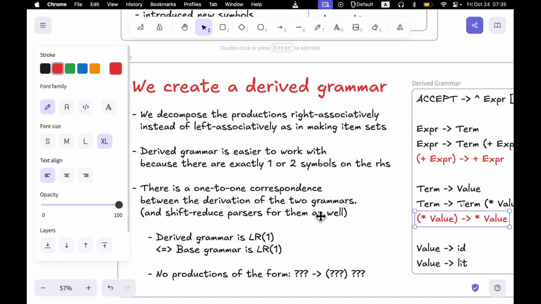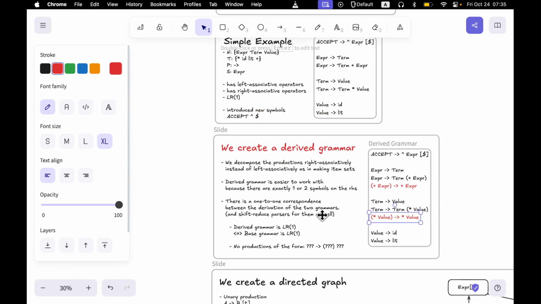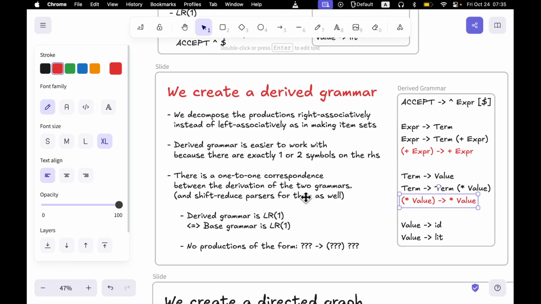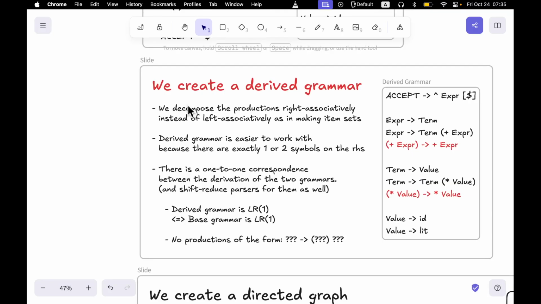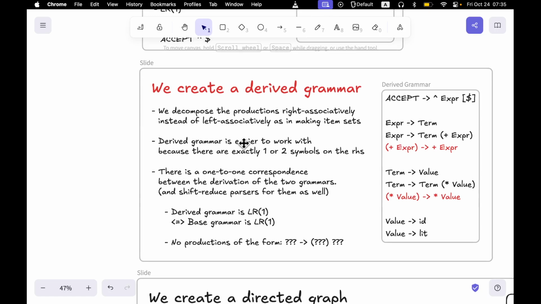So why do we do this? We created a derived grammar, and notice the symmetry between the traditional approach of using prefixes in item sets and this approach that uses suffixes and additional rules. This is the biggest difference between the traditional approach and this approach.